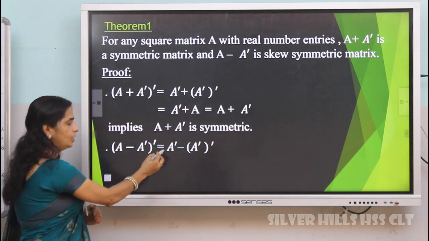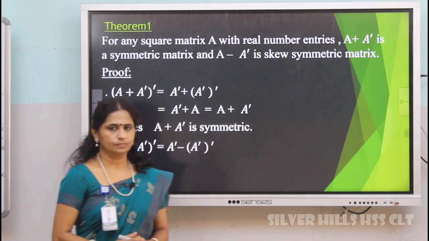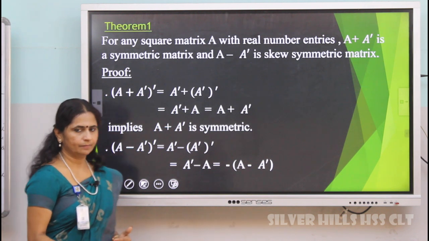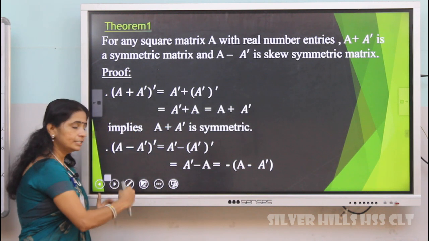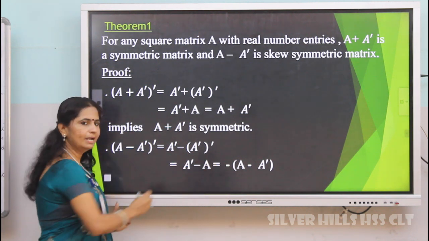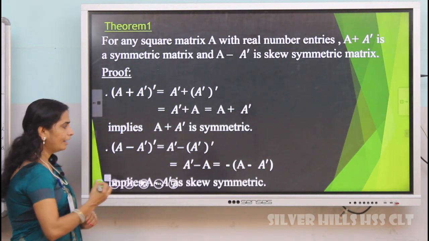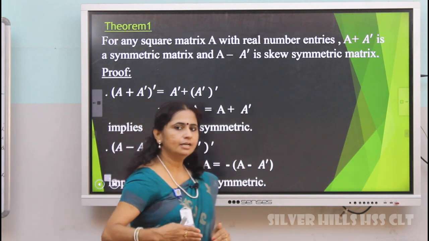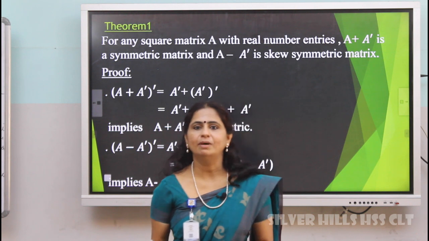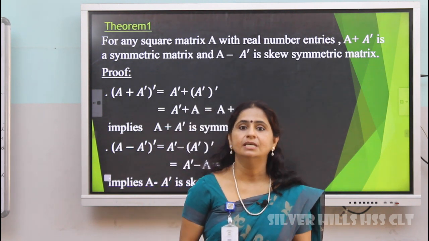Therefore, this is equal to A transpose minus the transpose of A transpose, which is A transpose minus A. We will take the minus sign out so that we get A minus A transpose. You get back the same. Therefore, you have proved that the transpose of A minus A transpose is equal to minus of A minus A transpose, which implies that A minus A transpose is skew symmetric.